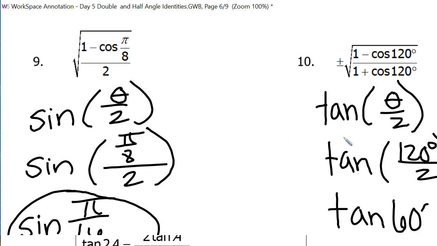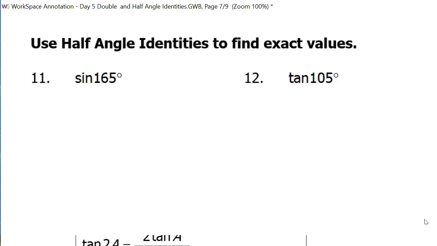And the tangent of 60 degrees is square root of 3. Now notice up here we have the plus or minus, but we know 60 degrees is in which quadrant? So in quadrant 1, your answer for tangent would be positive. So again, even though we have the plus or minus, you will only have one in your final answer, either positive or negative, based on the terminating quadrant.